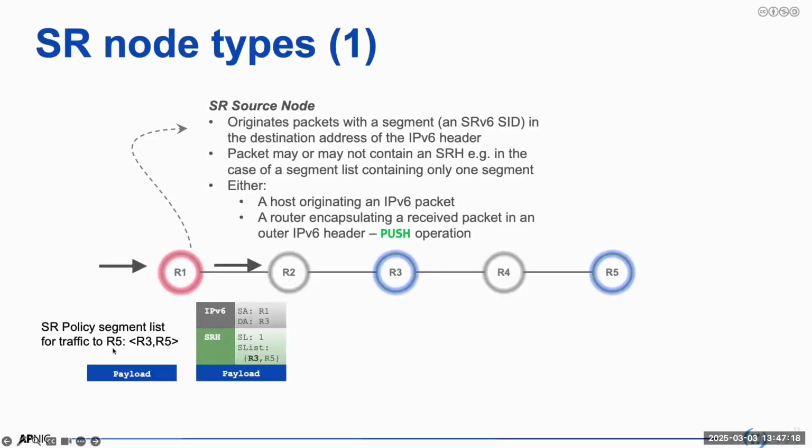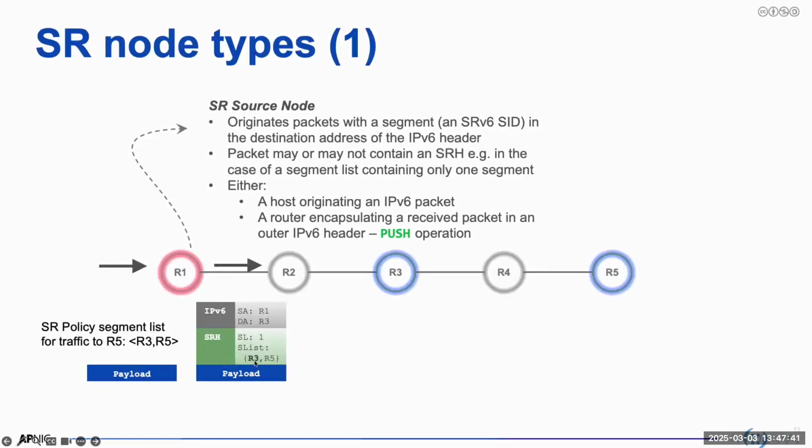So once the payload comes in, you can see it is the payload, then it is going to attach the IPv6 header and then the segment routing header. There we have the source address, which is the same as the source node. The destination address will be the first segment in the list of segments.